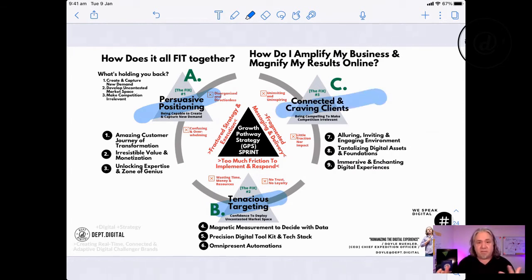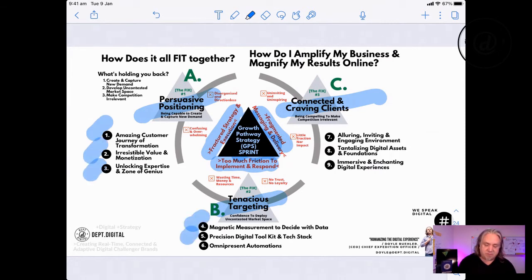This is just an overall map in terms of how it all fits together. So this is our business GPS. By overcoming our fractured, friction, and fragmented, by how? Well, creating persuasive positioning, tenacious targeting, and connected and craving clients as well. And then these are the specific steps that we need to get into.